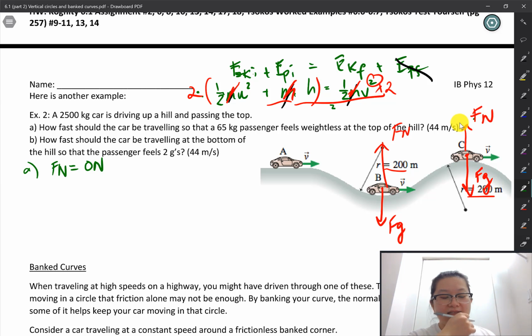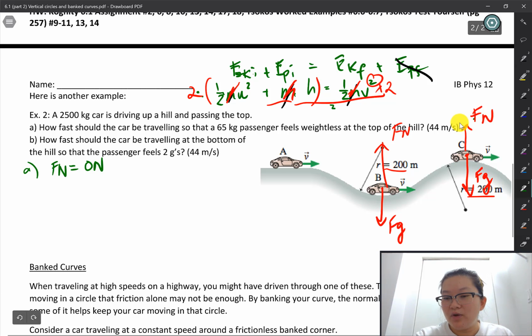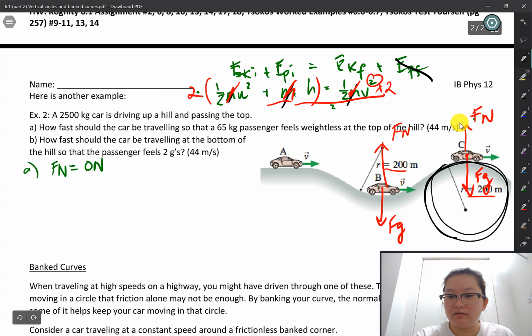But anyways, let's write our free body. Let's look at our circle first of all. When the car is traveling around the top, this is our circle. He is traveling over the top of the circle, in which we have this radius. Of course, my circle is too small. But anyways, we have to look at the car's centripetal acceleration directed towards the center of the circle, which is the case here.